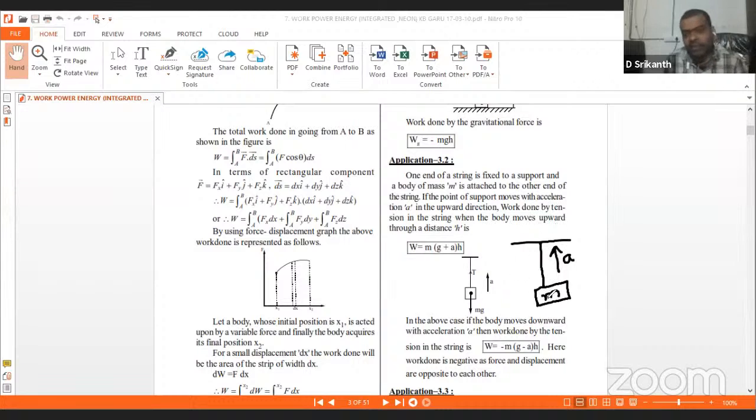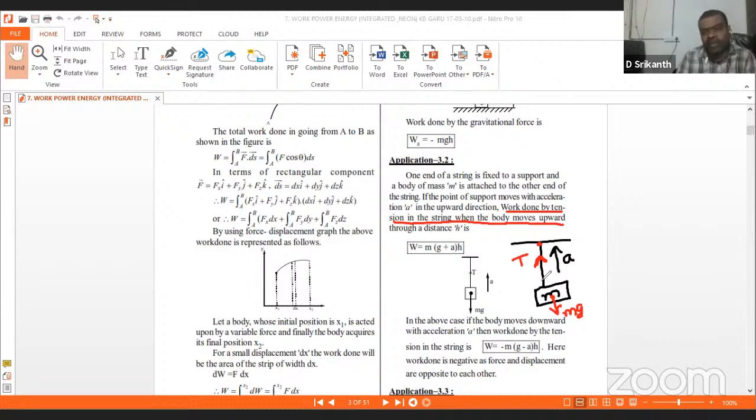If we draw the free body diagram, from the center of the object vertically downwards we have mg, and towards the point of suspension we have the tension T. We need to find the work done by tension in the string. Tension acts upward and acceleration is also upward.